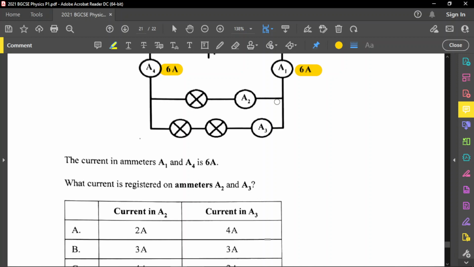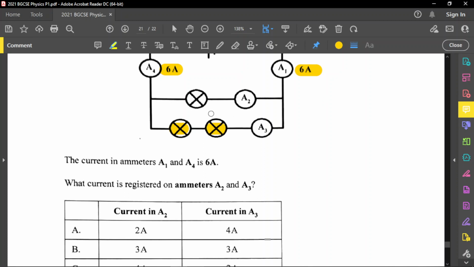So the first thing to note right here is that when lamps are in series, because these two lamps, this lamp I'm highlighting and this lamp here, are in series with each other within that section of the parallel circuit, the current within the series part will be the same. So first and foremost, the current is shared in a 2-to-1 ratio.